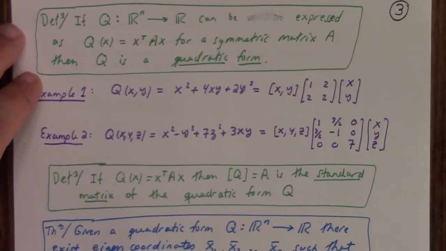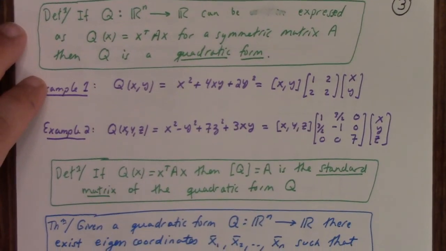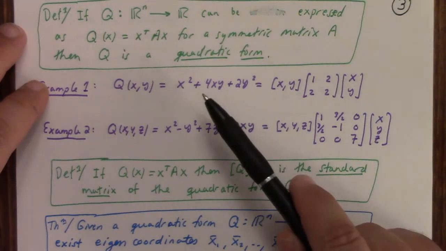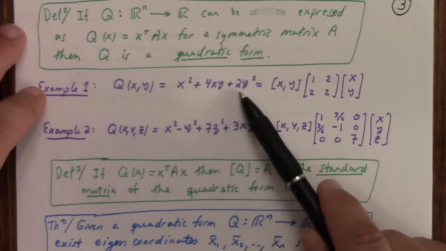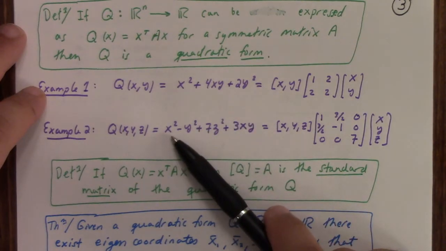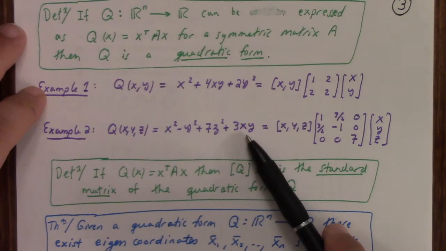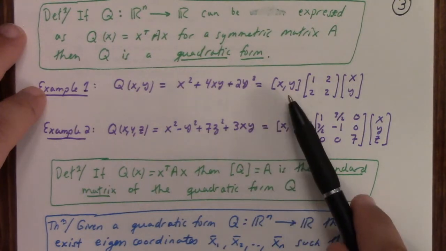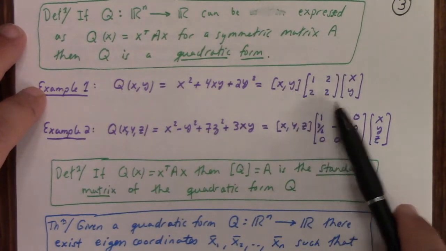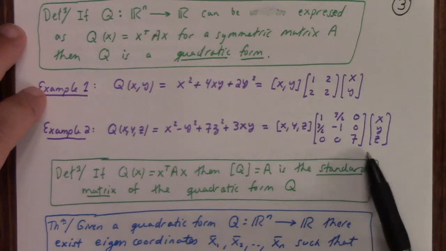Basically, a quadratic form is one which has a linear combination of squares or products of variables that are just at most two variables. So this is a quadratic form, x squared plus 4xy plus 2y squared, or this is a quadratic form, x squared minus y squared plus 7z squared plus 3xy, all right? And for each of these, you can write it as a row vector times a symmetric matrix times a column vector, like that.